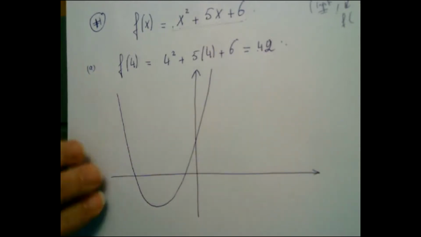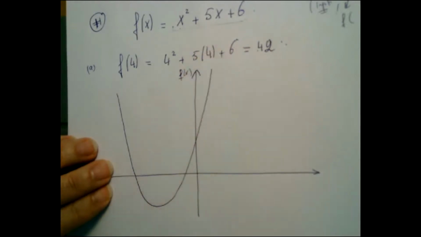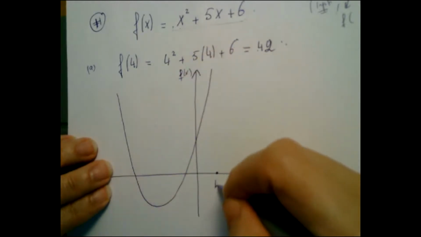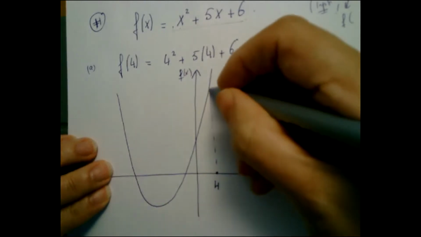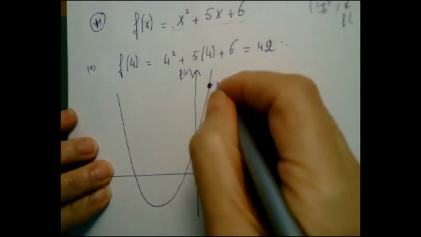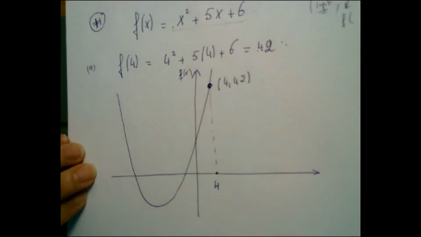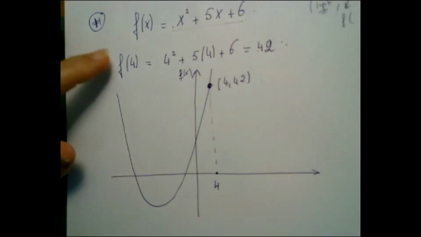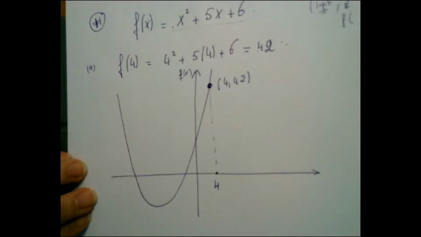Okay. So graphically, what does this mean? This is my 4. According to the graph, this point is the 4 and the 42. So that's really what we are doing. We connect what we find to the graph of the function because it's very crucial.